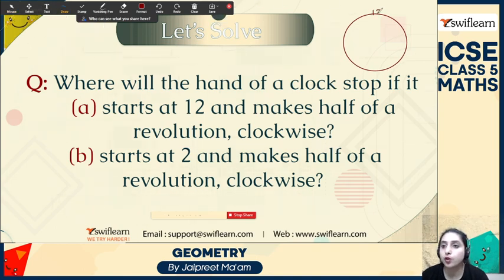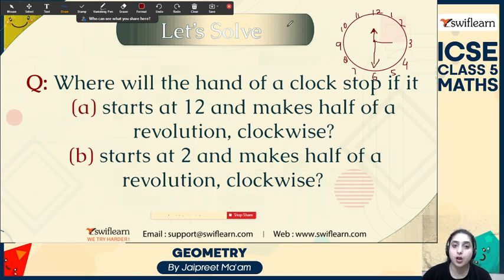So I will put 1, 2, it will be 3, it will be 9, 11, 10 and 11, and it will be 8 and 7 and 6 straight, 5 and 4. So this is a clock, and it's saying that if it starts from 12 and it's making half of the revolution, it's making an angle, and it will reach 6, right?